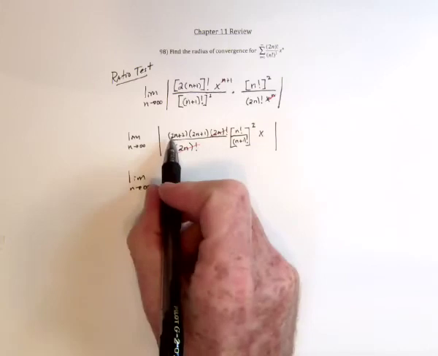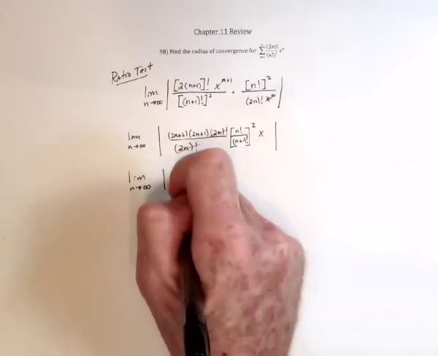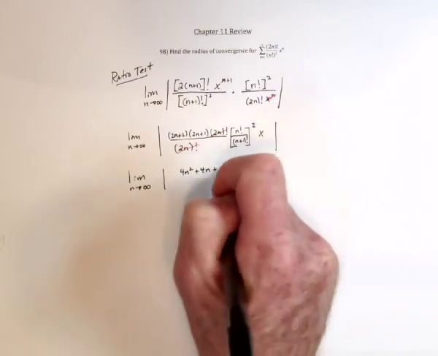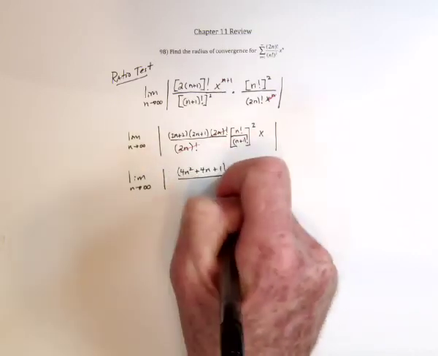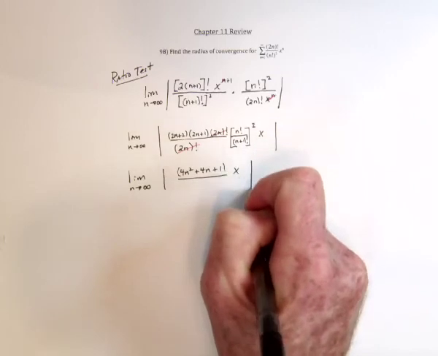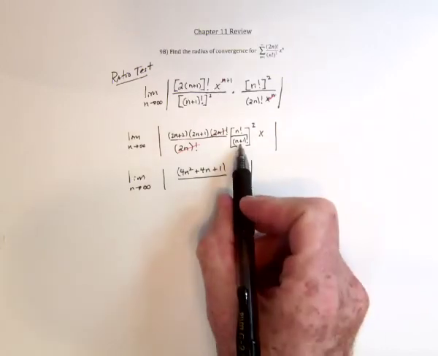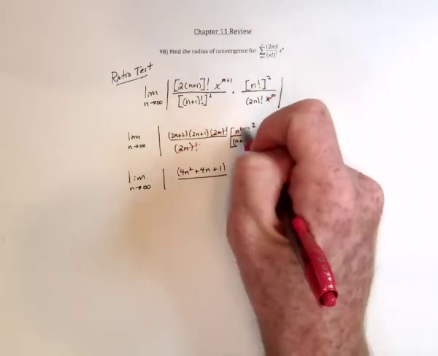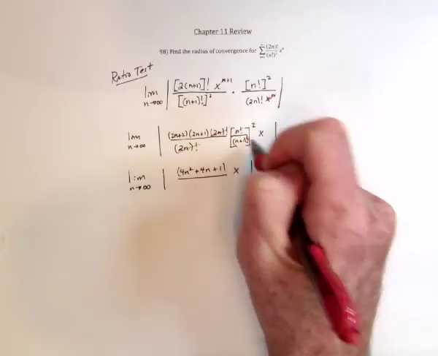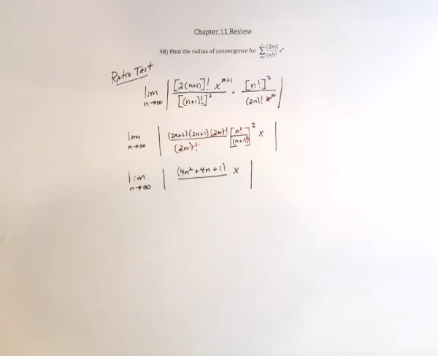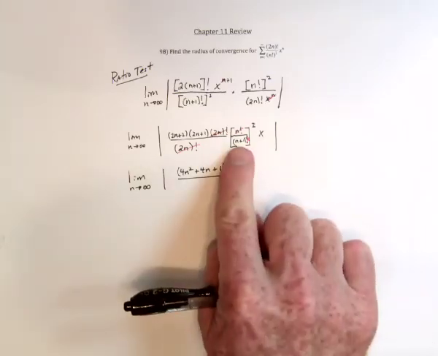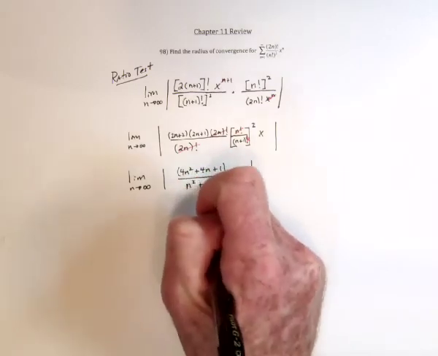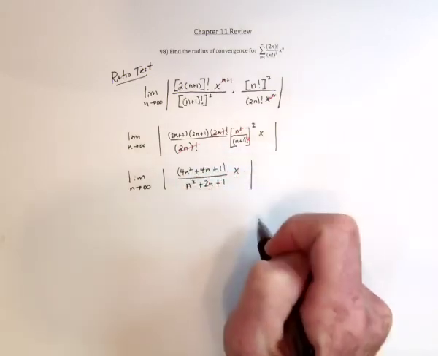The numerator has this, which I'm going to go ahead and multiply out, is 4n squared plus 4n plus 1. This is n plus 1, so the way that we cancel it is n factorial cancels the factorial. So the denominator here has n plus 1 being squared, so that's n squared plus 2n plus 1.